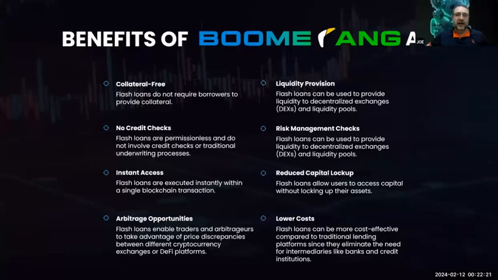Flash loans enable traders and arbitrageurs to take advantage of price discrepancies between different cryptocurrencies and exchanges on DeFi platforms. Flash loans can be used to provide liquidity to decentralized exchanges and liquidity pools. Actually, those two are exactly the same, but they provide different services.